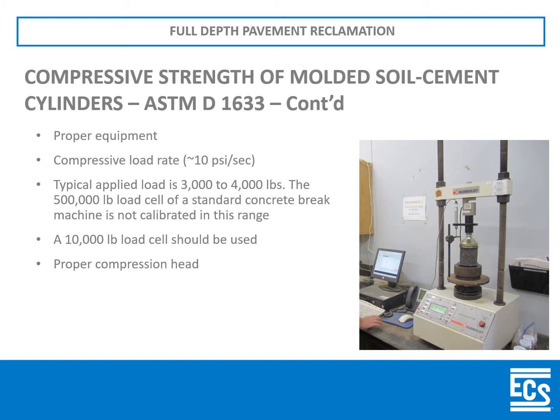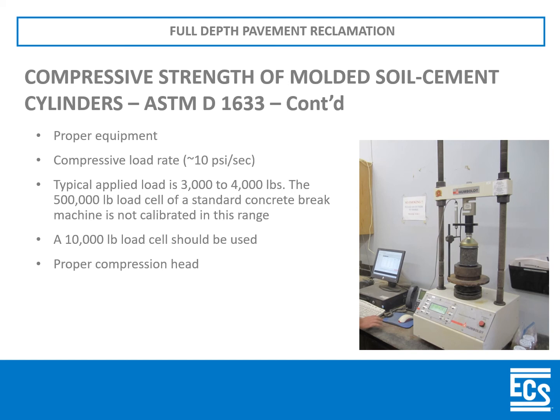This is a picture of a typical, most of your geotechnical soil labs have this. It's a CBR machine and or an unconfined compressive machine. These typically are a 10,000 pound load cell, and those are calibrated at these much lower strength ranges of which we're breaking these specimens at.